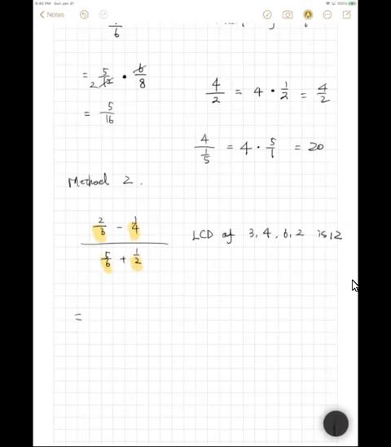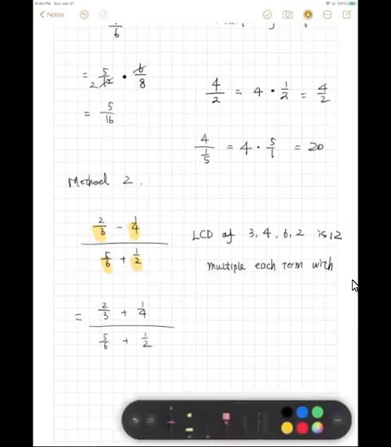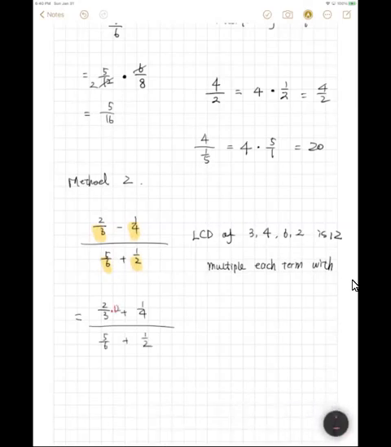So what you can do is multiply each term with 12, the least common denominator. So I multiply 12 in each term.